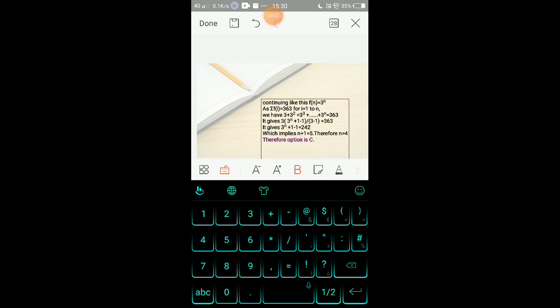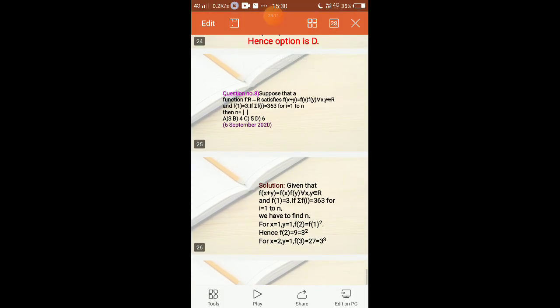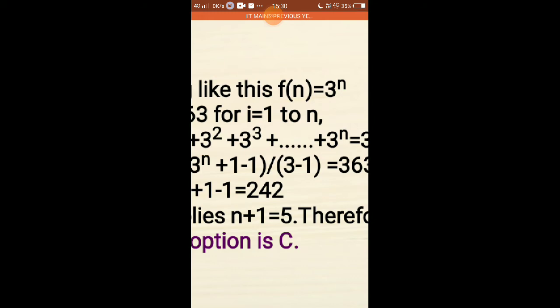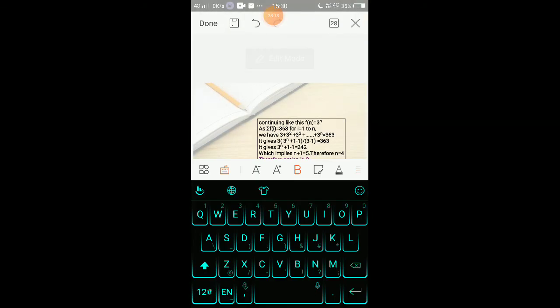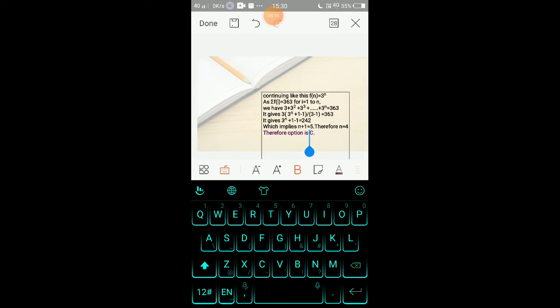So we have to be very careful. So the option is B instead of option C. So we got option B. Small change here. Actually I thought there are n terms only.